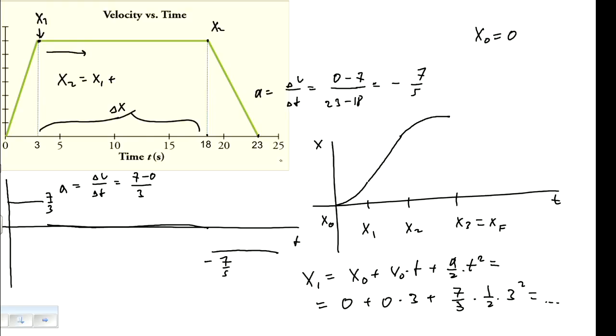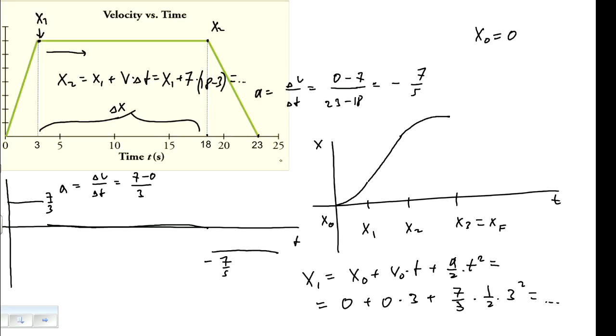Well, simple. I can use the same motion equation, but now, for this part, it's even easier because acceleration is 0. So it's only velocity times time. So x1 plus velocity equals 7, and time between 18 and 3, well, 18 minus 3, wherever it is.